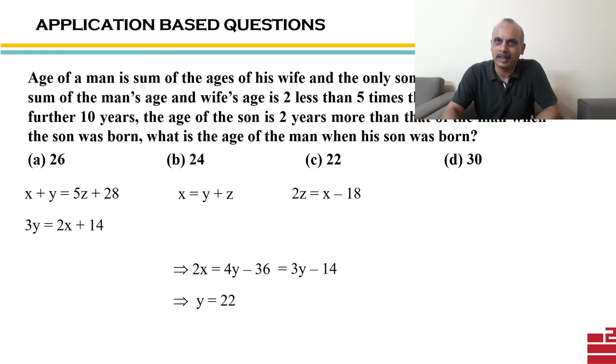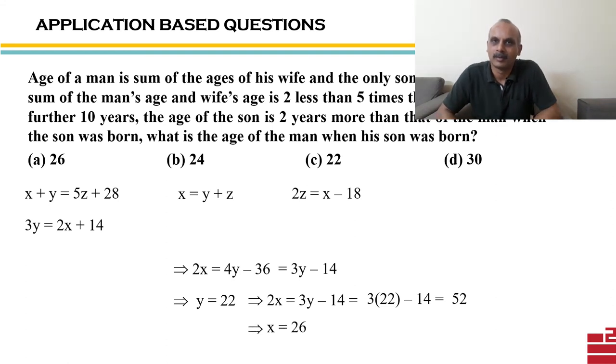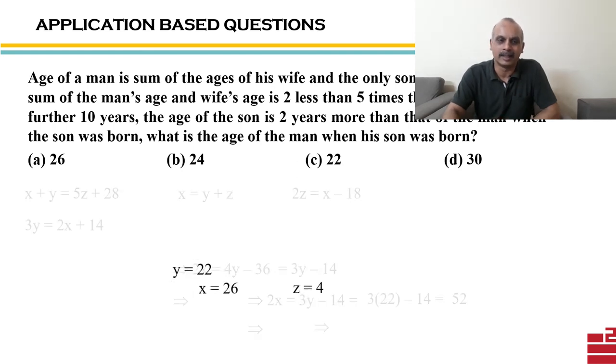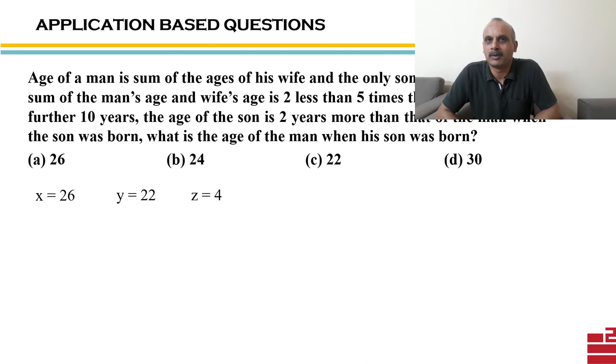And once I get the value of y, I can get the value of x, which is 26. And so I can get the value of z as 4. Now I have got the values of x, y and z, that is the values of the ages of father, mother and son, that is a man, his wife and their son.